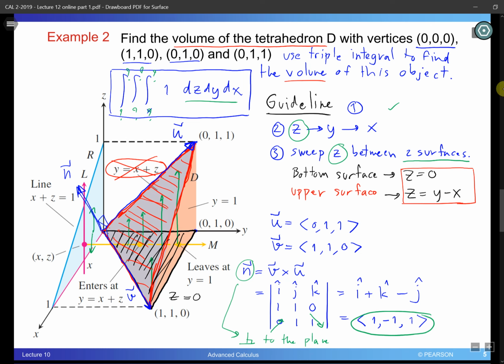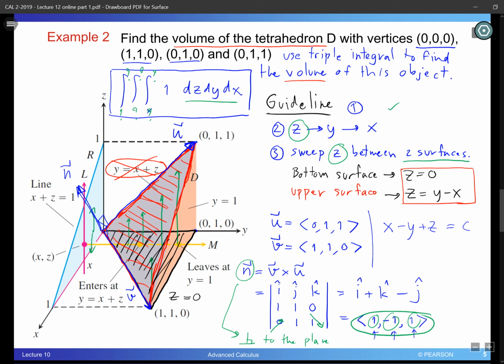So let's use the first one as the coefficient in front of x. Then the coefficient in front of y becomes minus 1. The coefficient in front of z becomes 1, and this is going to be equal to some constant.